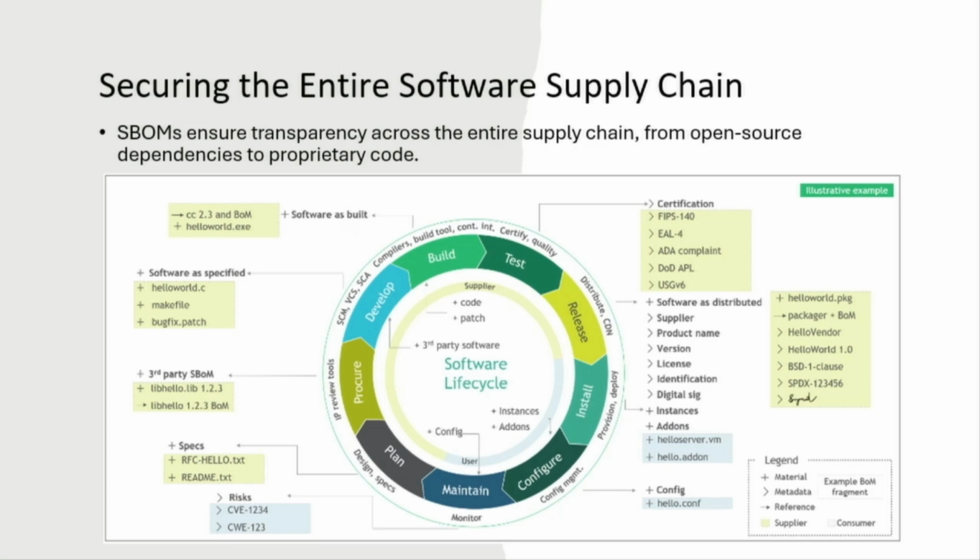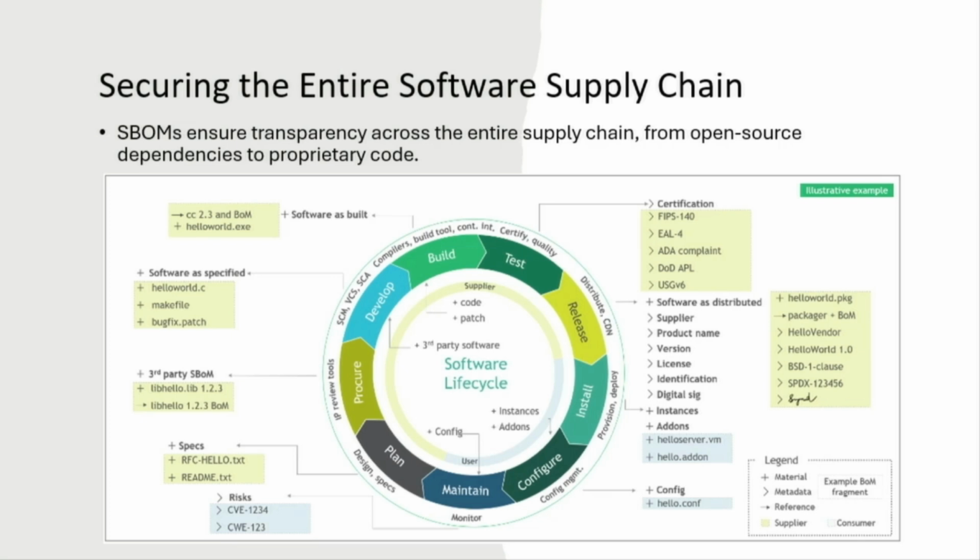Obviously it starts with the plan. In the plan we have a spec and certain requirements, so it is a starting point for the bill of materials. Then we have third-party stuff. We buy third-party libraries or we use open source libraries. So here we go, that's the next step.